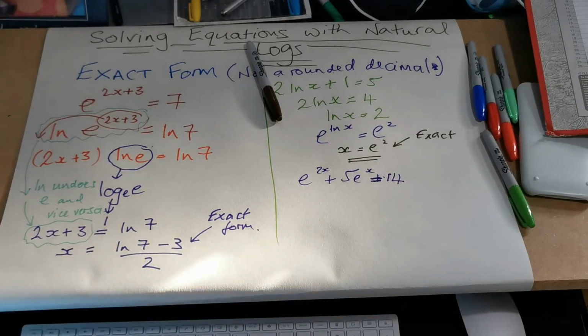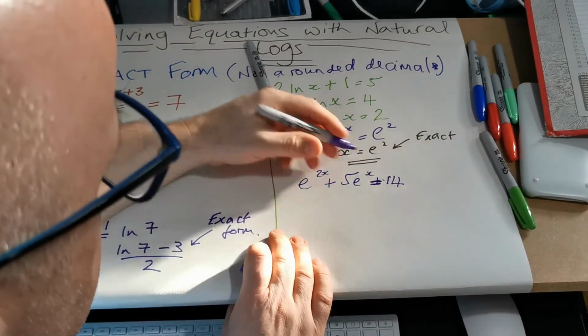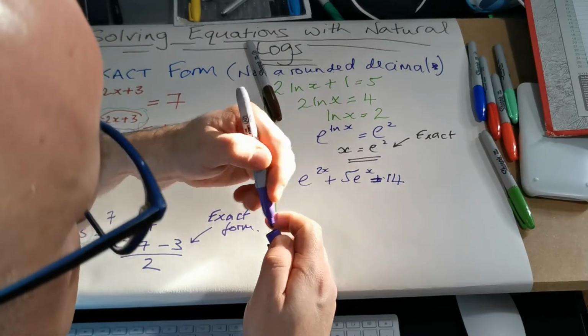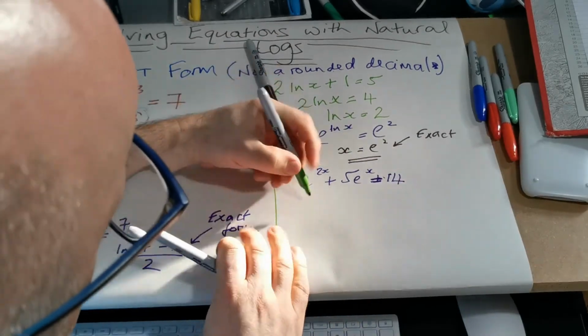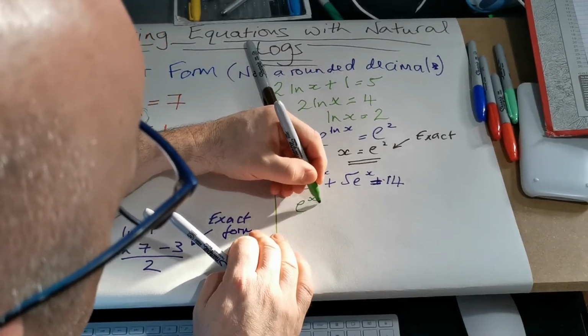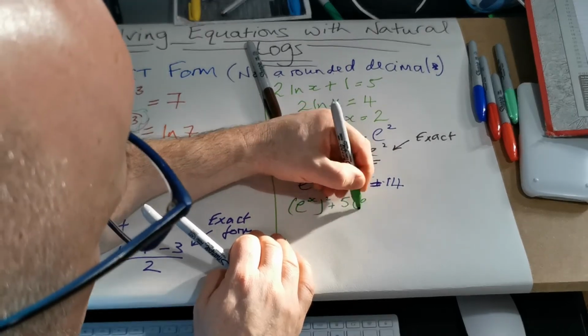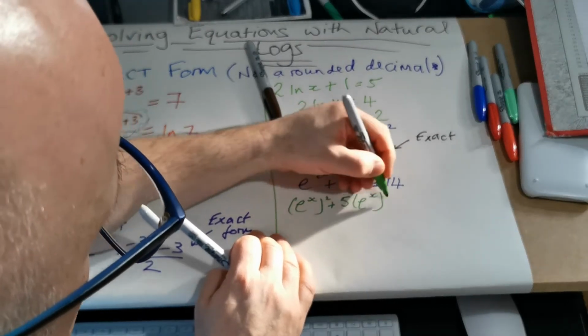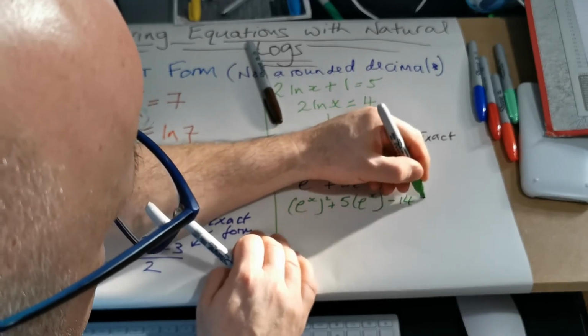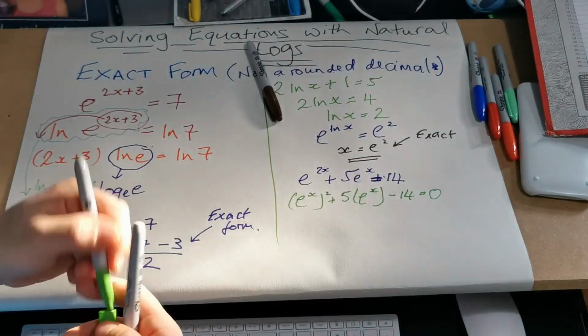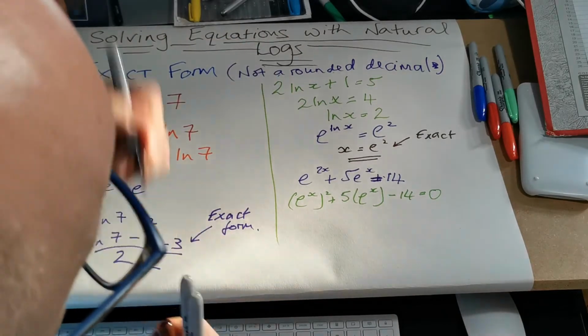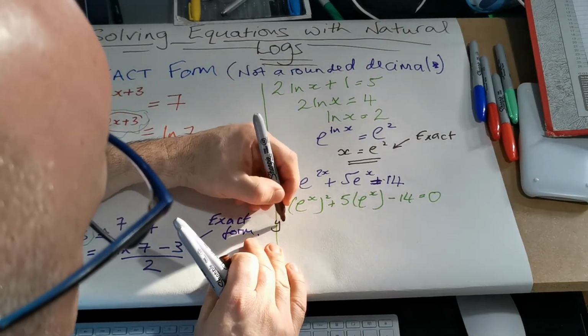So clearly we're looking at a quadratic. I would rearrange my writing of this slightly, and I would say that that is e to the x squared plus 5e to the x minus 14 is equal to 0. I might make a substitution there just to make it a little bit easier.